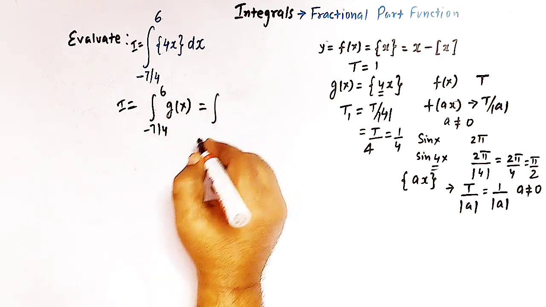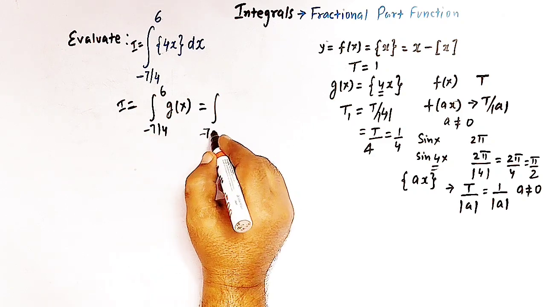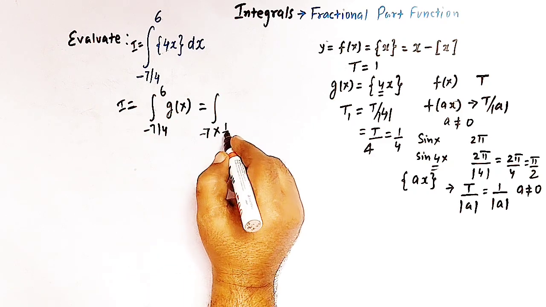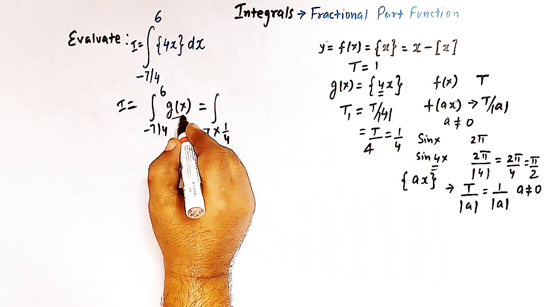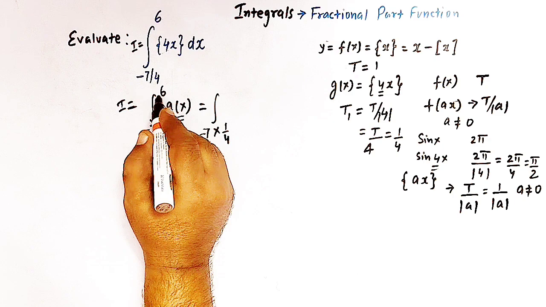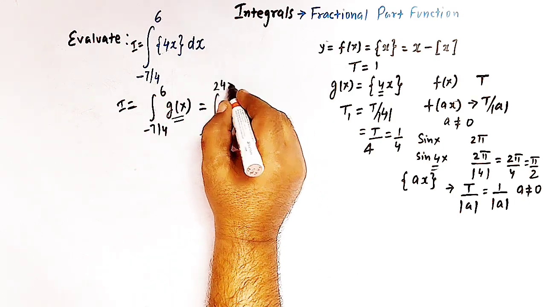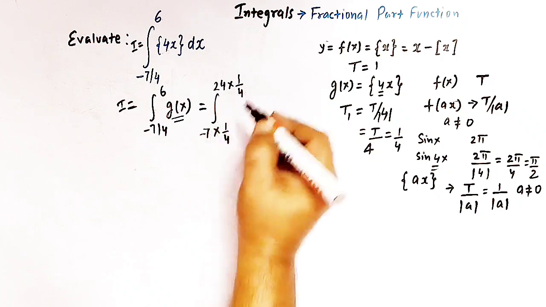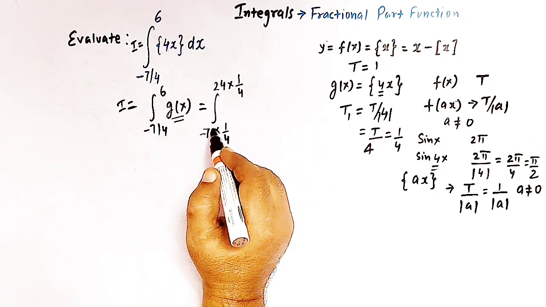Minus 7 over 4 can be written as minus 7 times 1 over 4, because 1 over 4 is the period of g of x. And let us write 6 as 24 times 1 over 4. So we have now expressed the limits in this form.